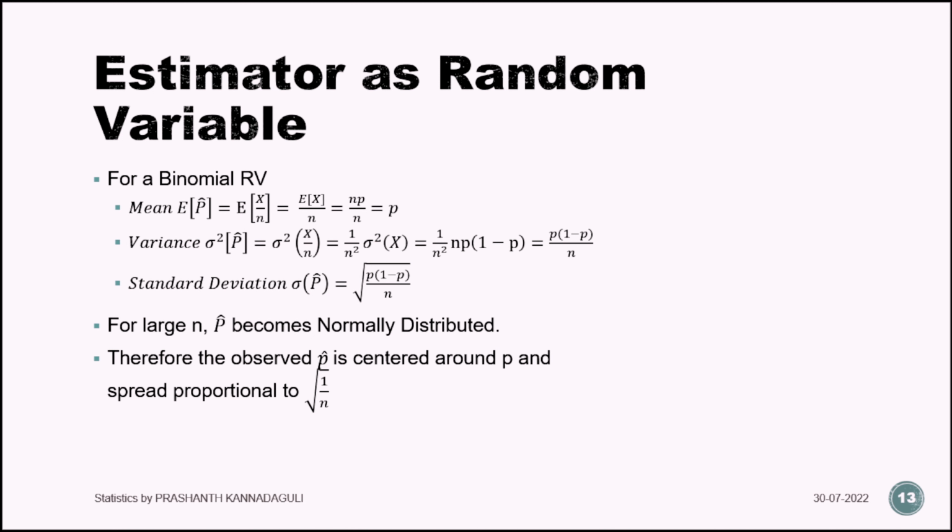As you increase the number of samples, irrespective of the original distribution, finally you are going to get the normal distribution. So you say it is normally distributed if you repeat this a larger number of times. As the population size or the sample size increases, this tends to be normally distributed.